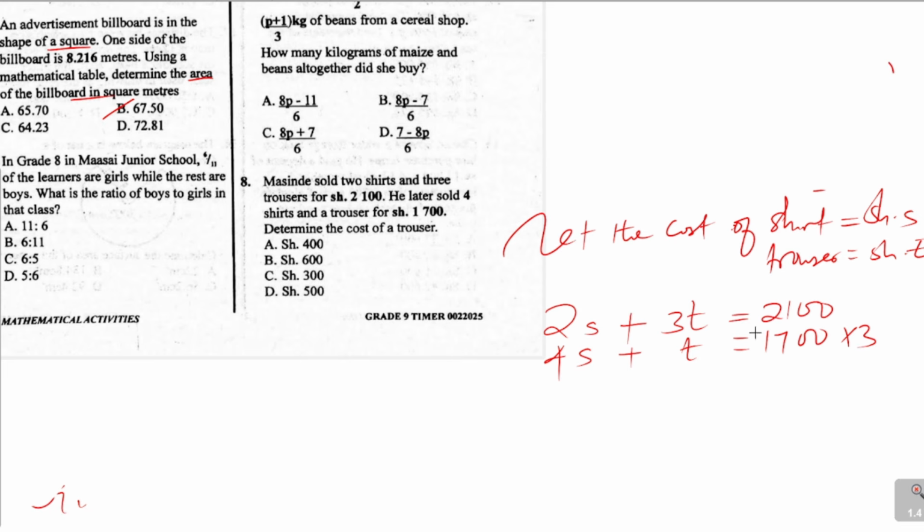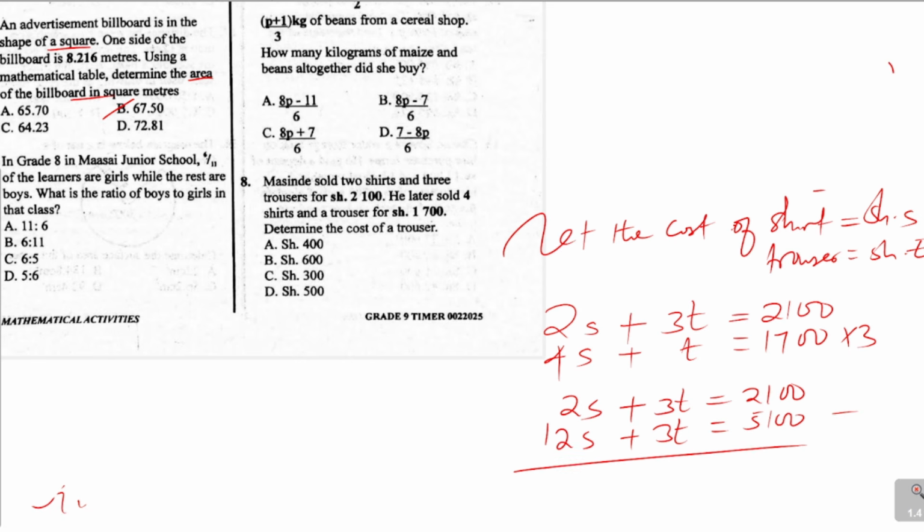So you multiply the whole of equation 2 by 3. The first equation, you're not multiplying. But the second equation, multiply 4s times 3, that will give 12s. T times 3, 3t. And then 1700 times 3, this will give 5100. So subtract 2s minus 12s, that is negative 10s. 3t minus 3t, we have eliminated that.